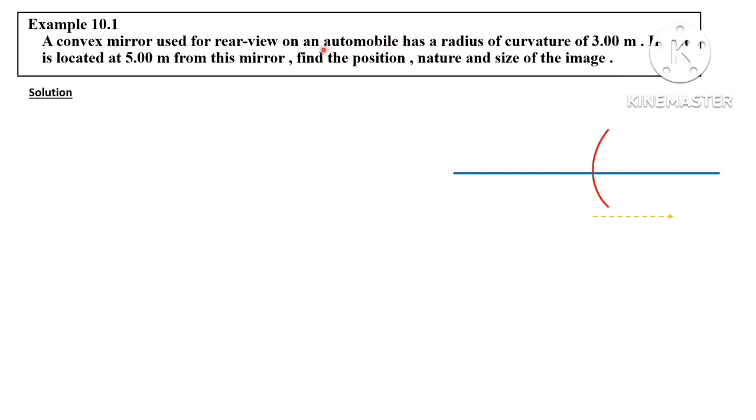So in the question it is said that the radius of curvature of the convex mirror is 3 meter. So we are marking the radius of curvature 3 meter from the origin. Okay. So this is our radius of curvature represented by the letter R. This is origin.